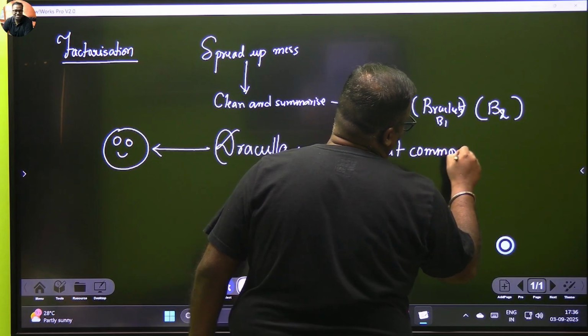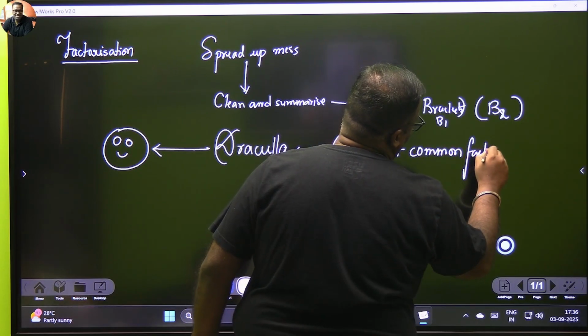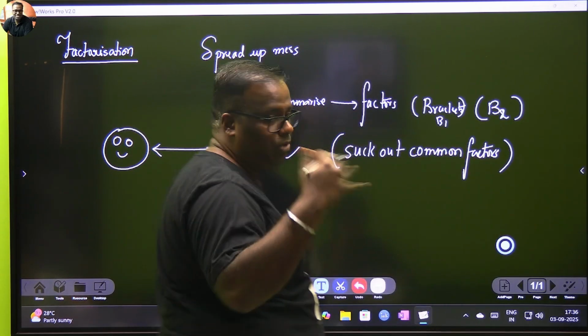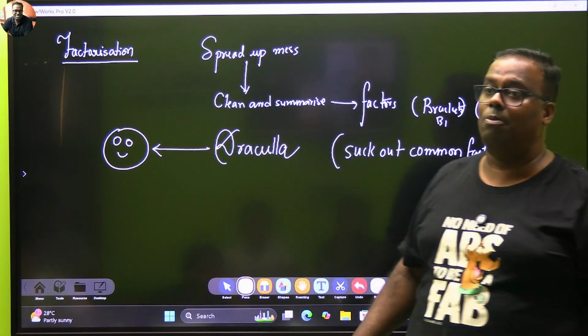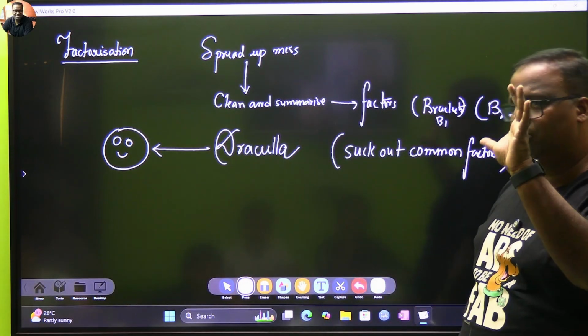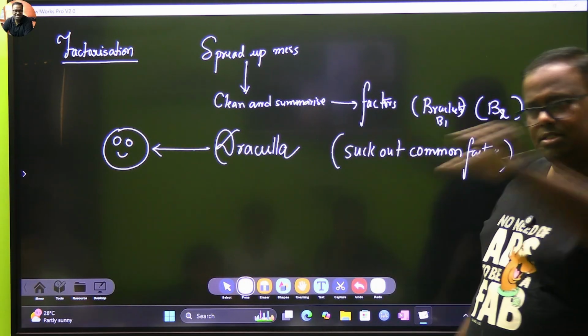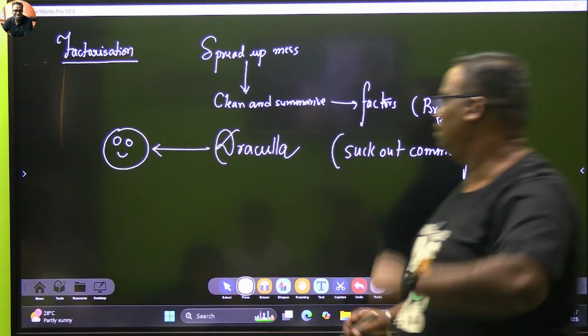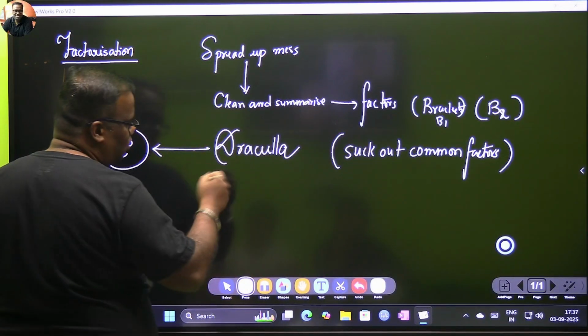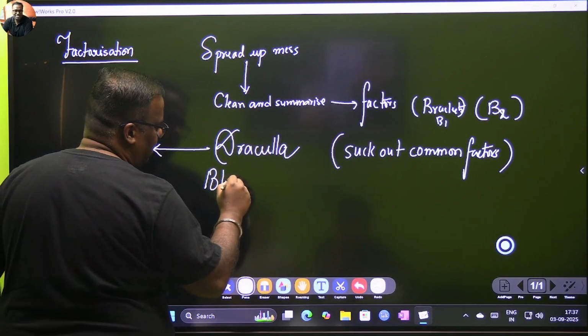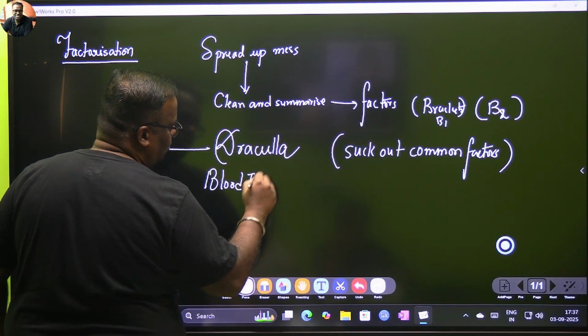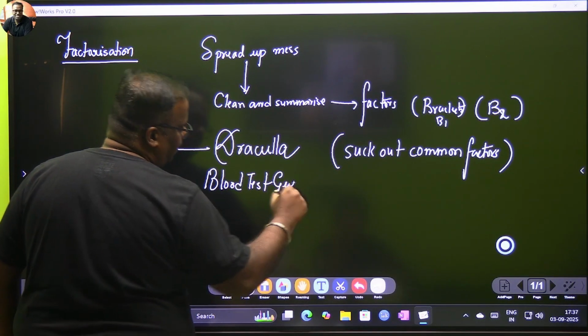This is your job. Whoever is good at this job is going to win this match. Otherwise, it won't work. There will be some common factor. Hunt it, take it out. Either you think of yourself as a Dracula, or as a blood test guy: insert the syringe, take out the blood. Understood?